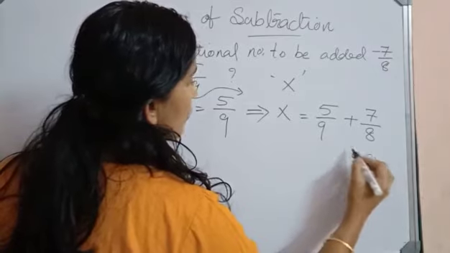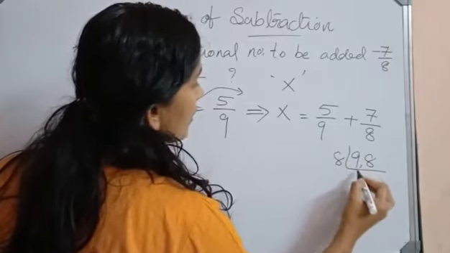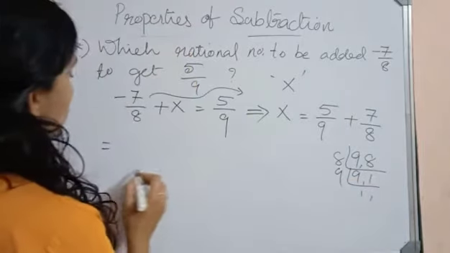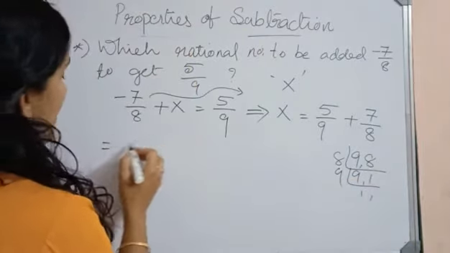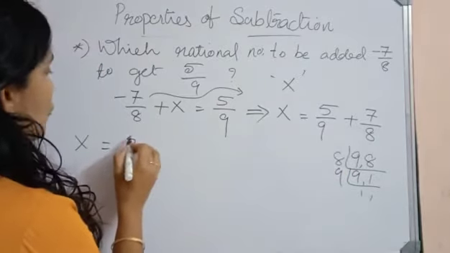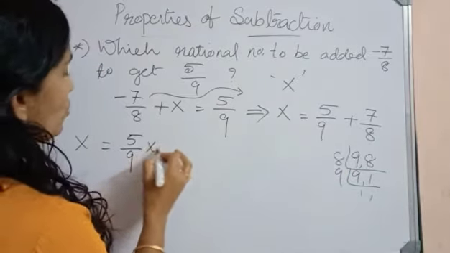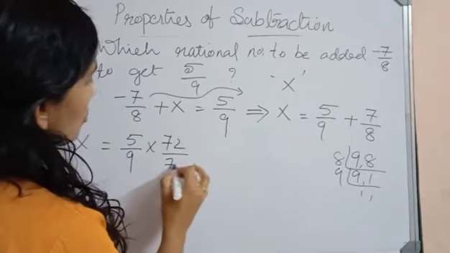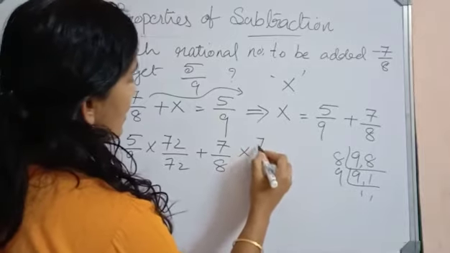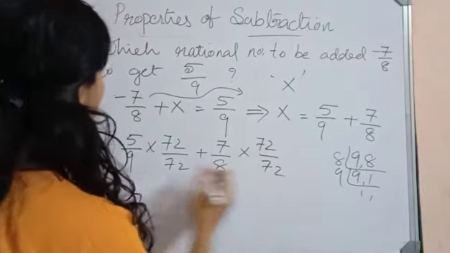When you take the LCM you will get 72. So you have to multiply both the terms with 72. 5 by 9 into 72 by 72 plus 7 by 8 into 72 by 72.